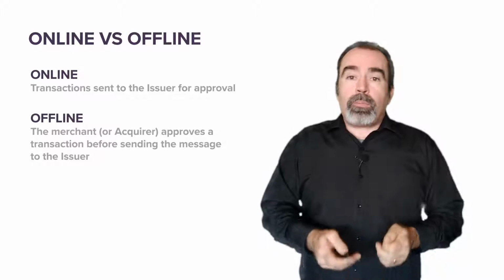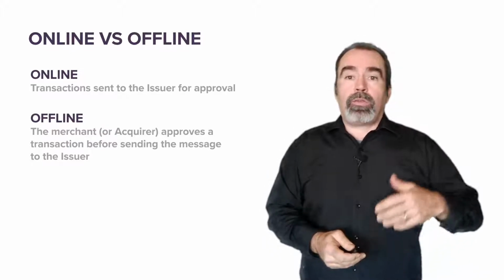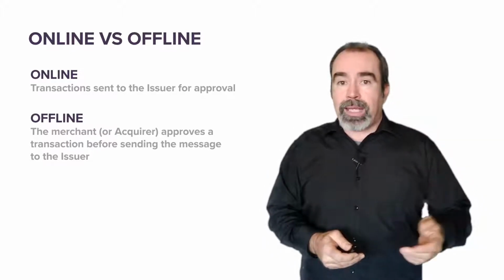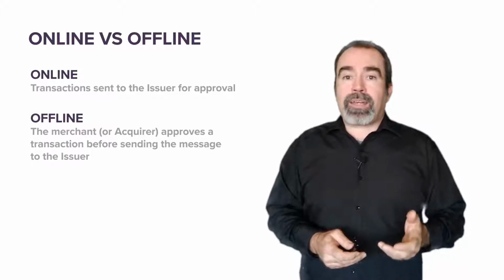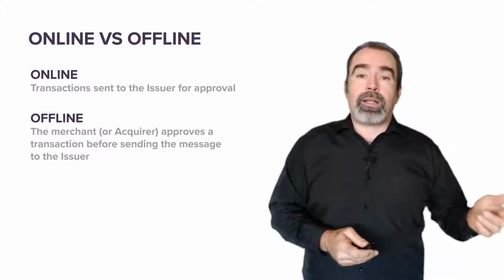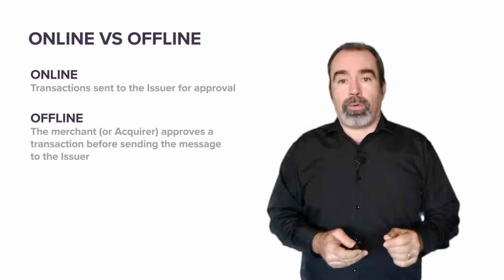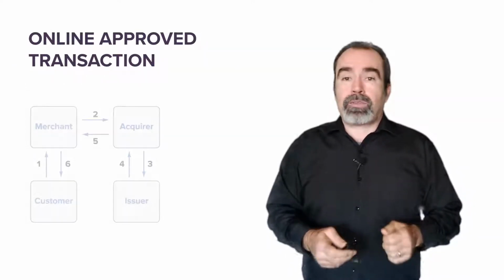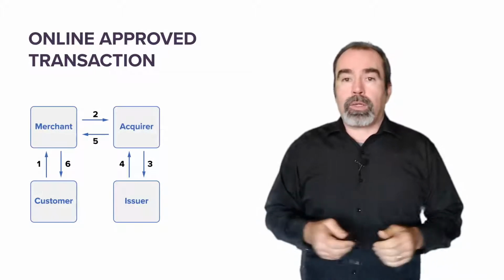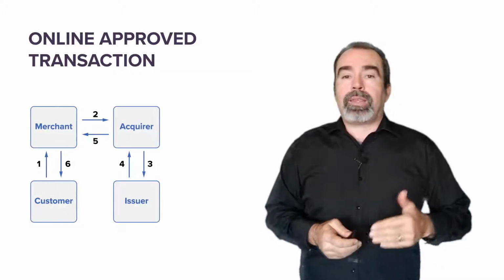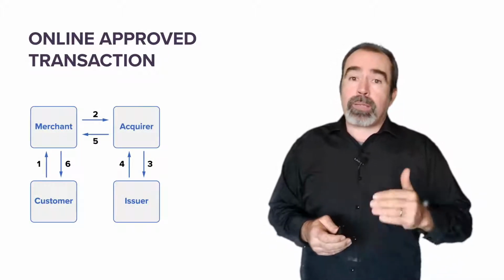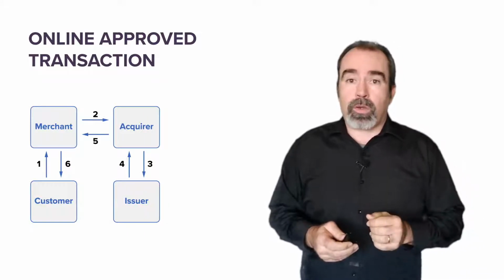When we perform the process of authorizing a transaction, making a transaction, the transaction can be approved in an online or an offline mode. When we approve a transaction online, that's where you take your card, you pull it through the magnetic stripe reader, it is then sent from the merchant's payment terminal through to the merchant's acquiring bank.